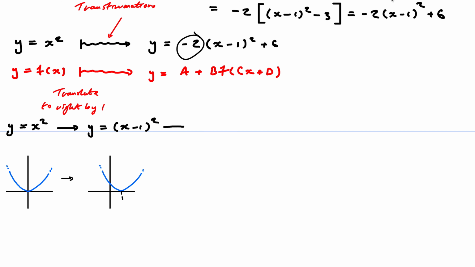Oh, there's a lot going on here, right? So we're going to reflect across the x-axis. So what is this going to do? It's going to turn the whole thing upside down, isn't it?